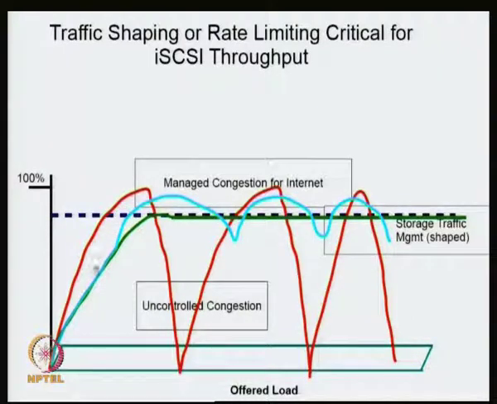You increase more gradually, you do not overshoot as much as this one possibly did, and then you suffer some losses, you contain it, you do not go all the way to almost ground 0, you go slightly lower and somehow try to figure out a way of doing it slightly better. This is an example of managed congestion for the internet.